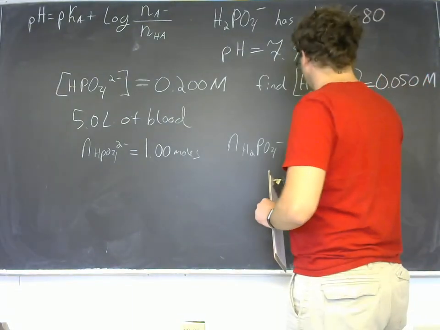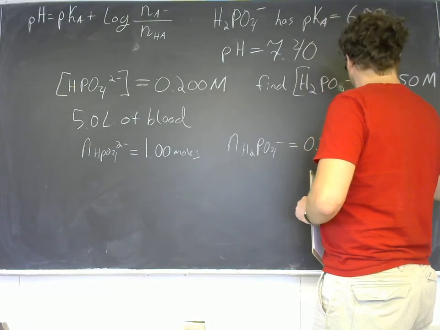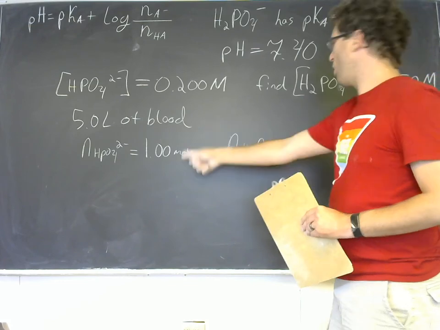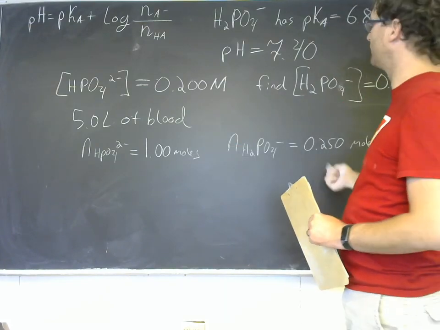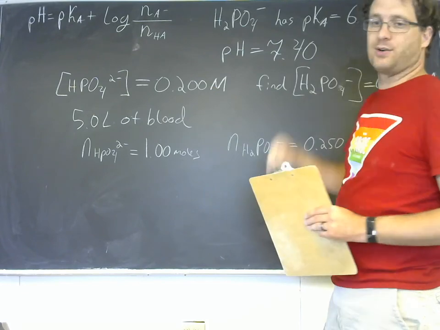That's going to be 0.250 moles. And that ratio 1 over 0.25 is going to be the same as the ratio 2 over 0.2 over 0.05.